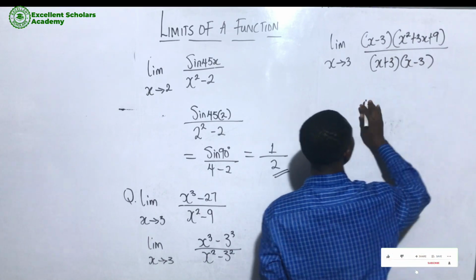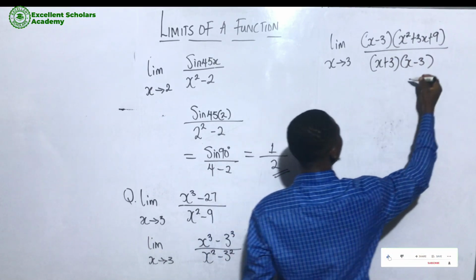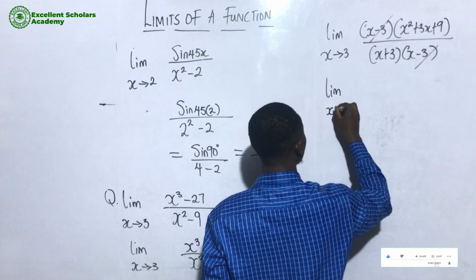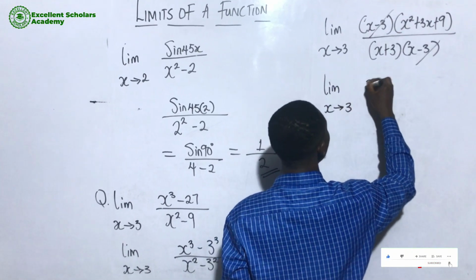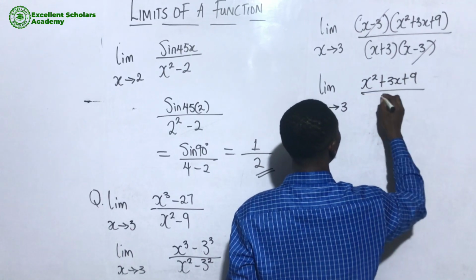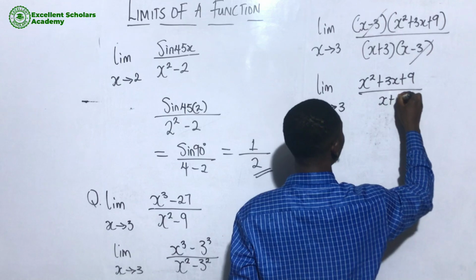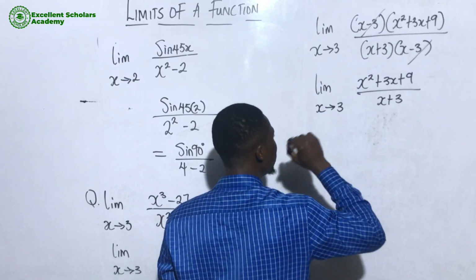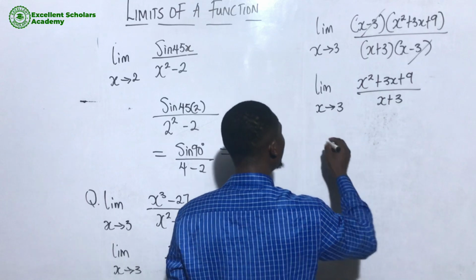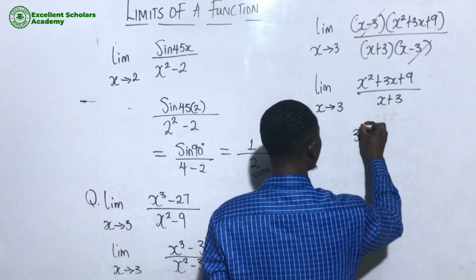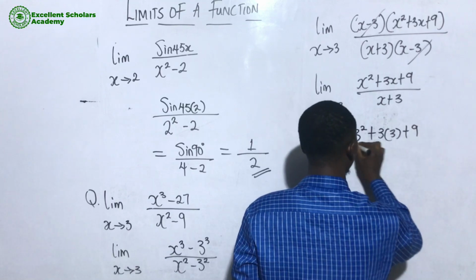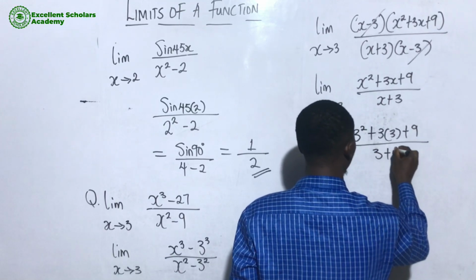We clearly see that this takes away this, and we're left with the limit as x tends to 3 of x squared plus 3x plus 9 over x plus 3. Now let's see whether we can finally take the limit as x tends to 3 in this. Yes, we should be able to. So it's going to be 3 squared plus 3 into 3 plus 9 over 3 plus 3.